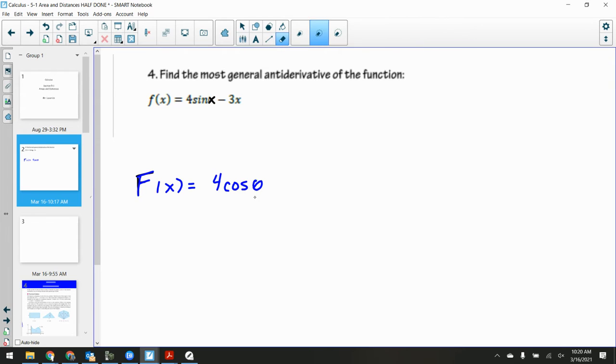So if you had mistakenly just said 4 cosine x, and then minus 3, kick up the power by 1, divide by that number, plus a constant, and then you said, okay, if I want to find the derivative of that, what's the derivative of cosine? Negative sine. So that would have gotten you to negative 4 sine x.